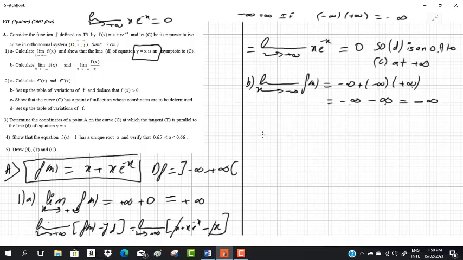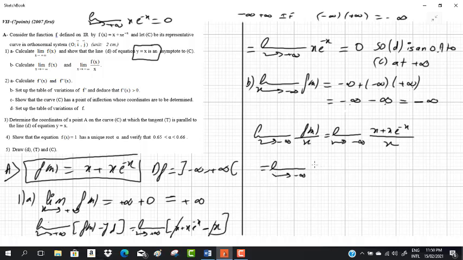And the limit as x tends to minus infinity of f of x over x equals the limit of x plus x e minus x over x. Of course, we can take x as a common factor. We'll have 1 plus e minus x, over x, x with x vanishes, equals the limit as x tends to minus infinity of 1 plus e minus x.